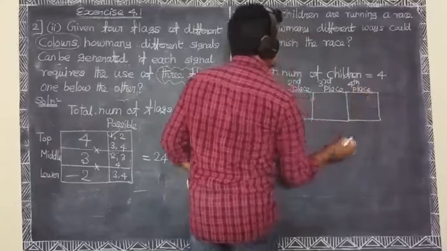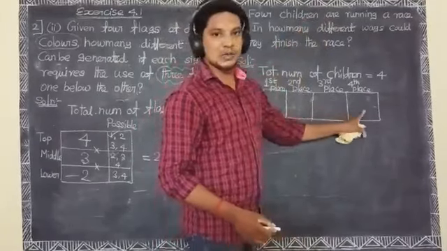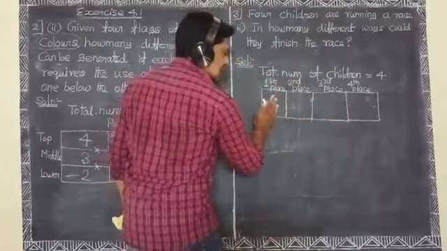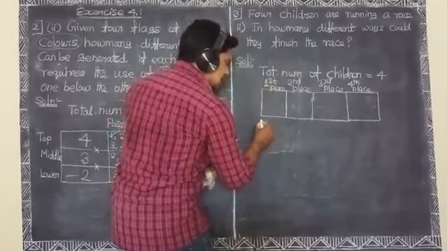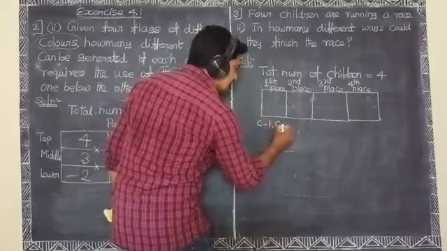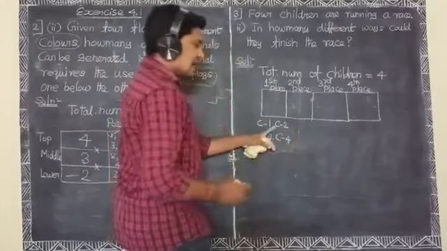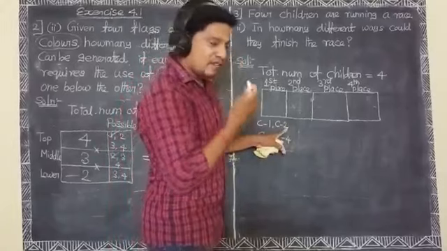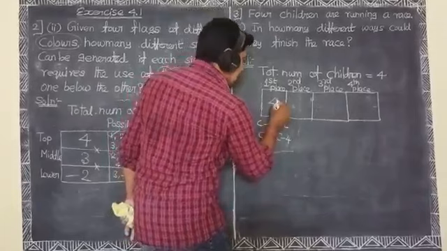Here, given 4 children using 4 places. The first place can be taken by child 1, child 2, child 3, or child 4. Anyone can finish first, so 4 ways.